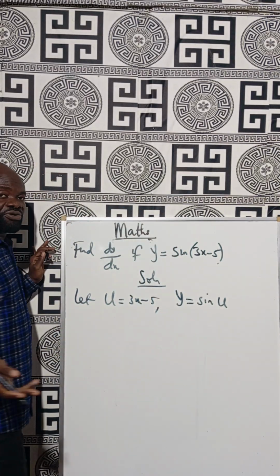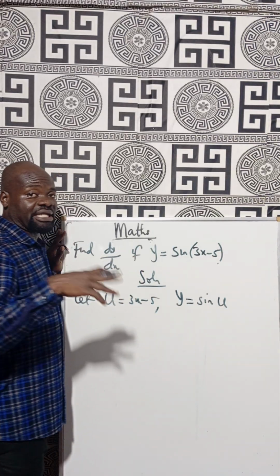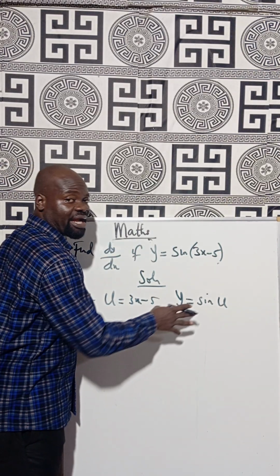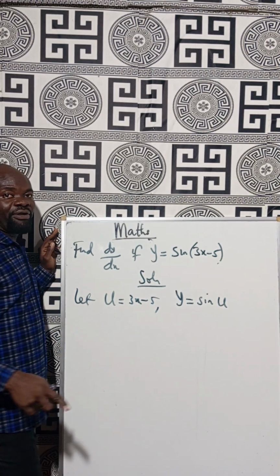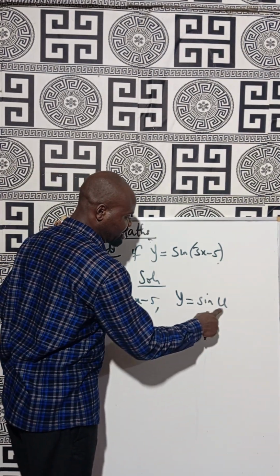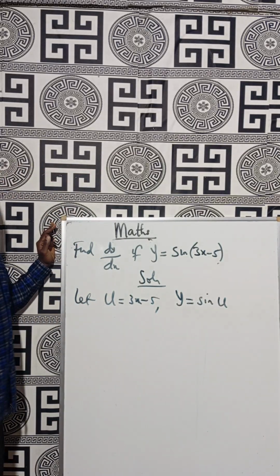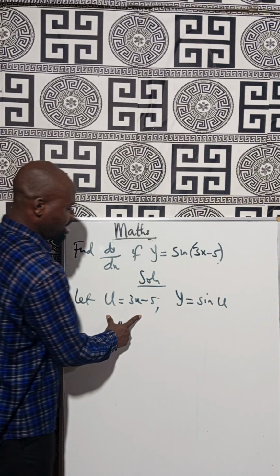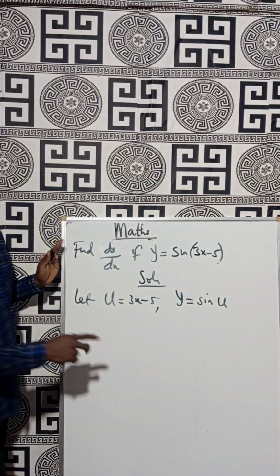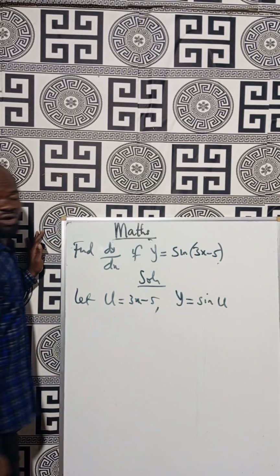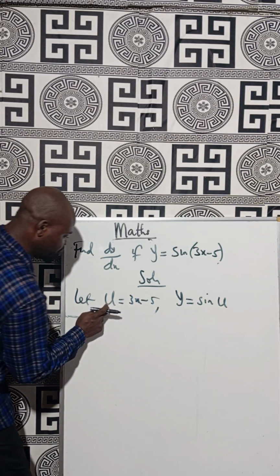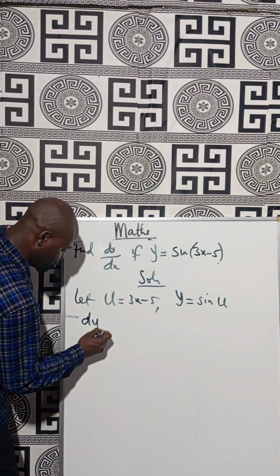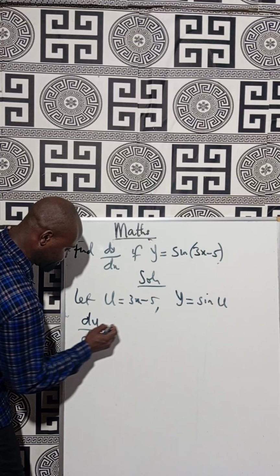Let's apply our chain rule, of course, just like the first example we did. What can we find here? We can find du dx here. And what can we find here? We can find dy du here. Whatever you got from here and from here, you multiply them together to get your dy dx.